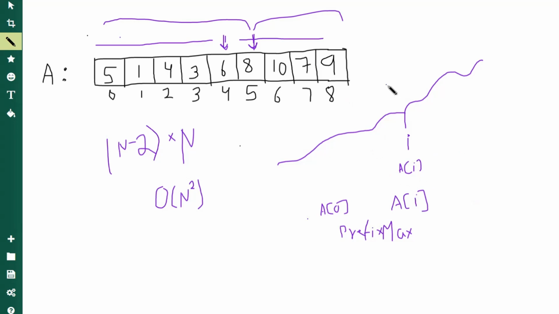Similarly, for the right subarray, we have to pre-process, we have to know what is the suffix minimum element in this portion. So in the range a of I to a of n minus 1, we need to know what is the minimum element.